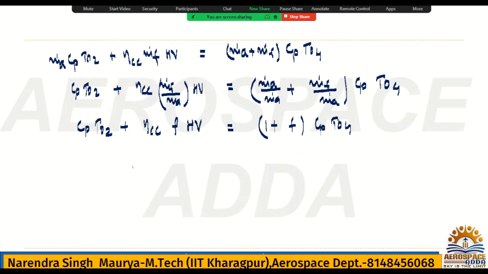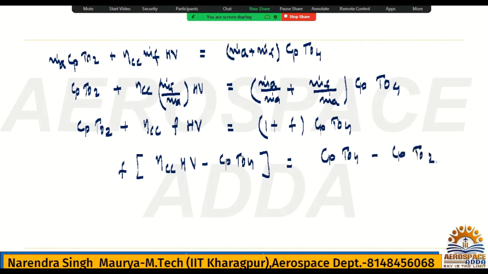I need to calculate this small f, so I will take small f common here. So this is eta Cc heat value, take this side, so it is Cp T naught 4 minus this value, you can take this side, Cp T naught 2. What is small f?